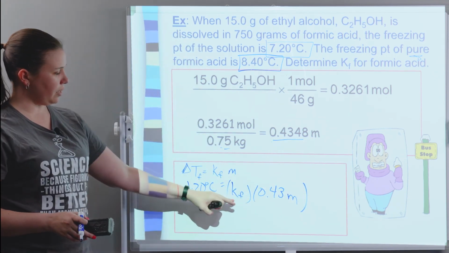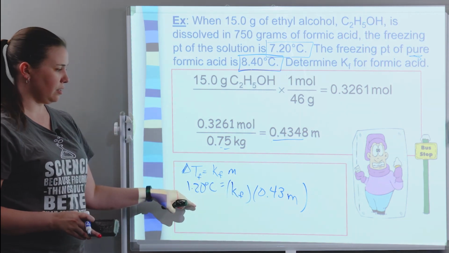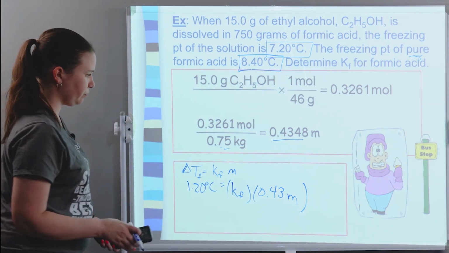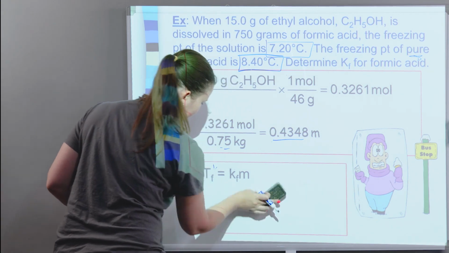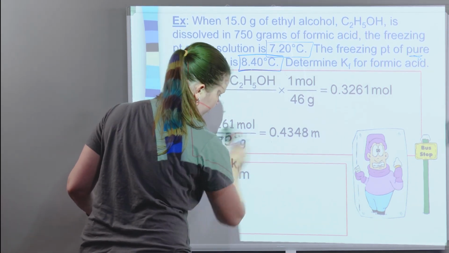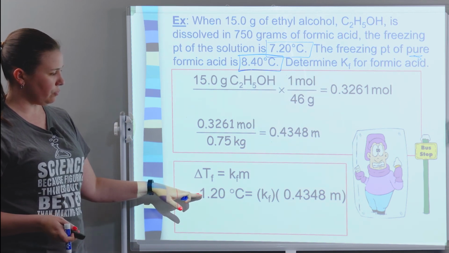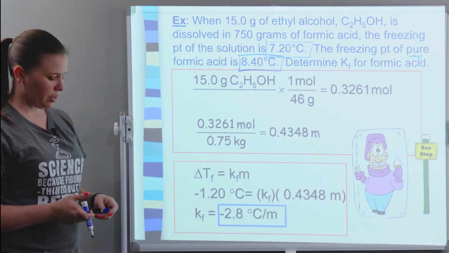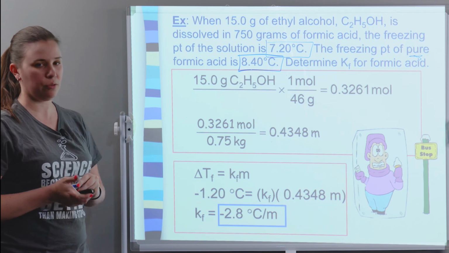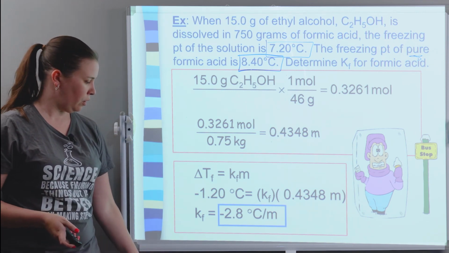All right, so in order to isolate the KF, we're basically dividing the delta T by the molality. Can't talk straight today. So if we take our delta T of the 1.20 and divide it by our molality, we get a KF of about 2.8 degrees Celsius per molality.